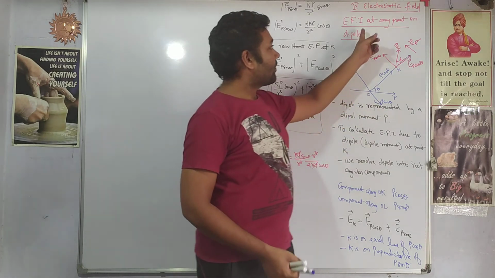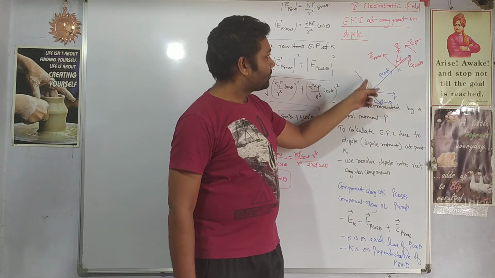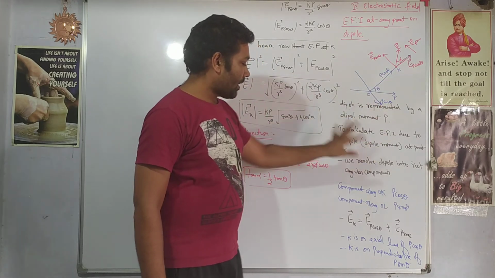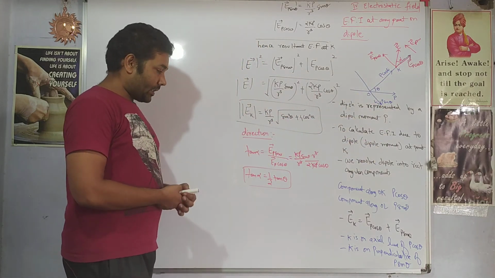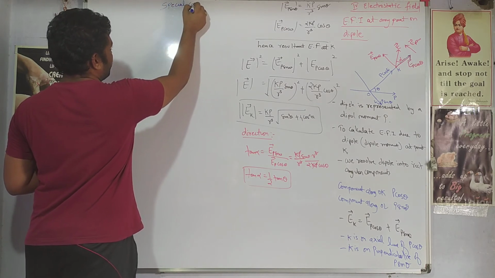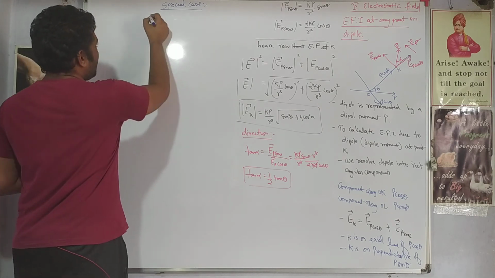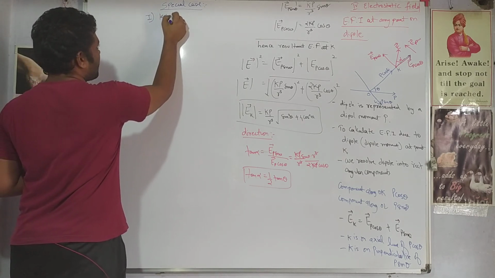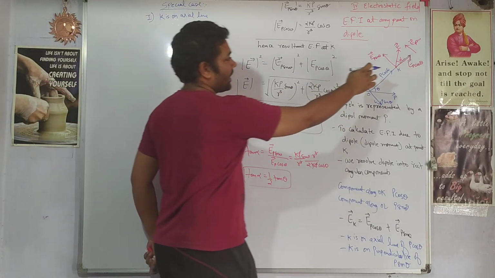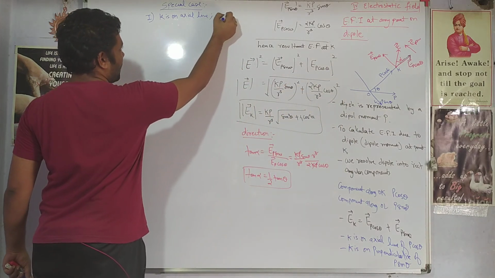So we have the electric field intensity at any point due to a dipole, at any point K, and we have done this derivation. Let us see some special cases. The first case: if K is on the axial line, what will be the value of theta? 0 degrees.